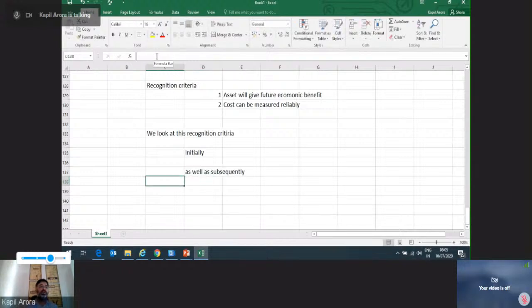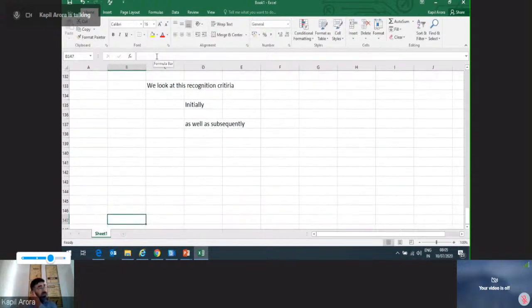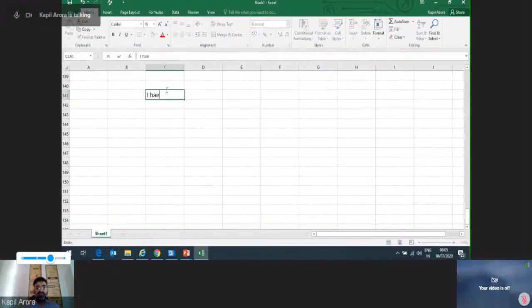Now, if we just talk about a few examples here. I have purchased a building. Will it be my asset? Can I recognize this building as my asset?